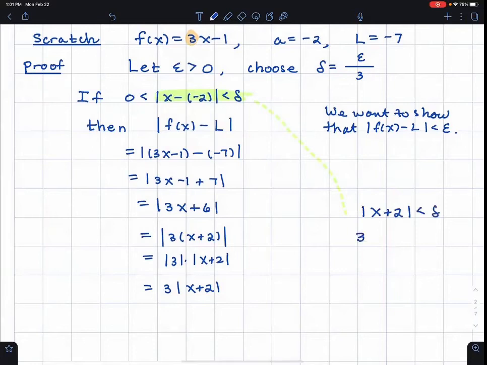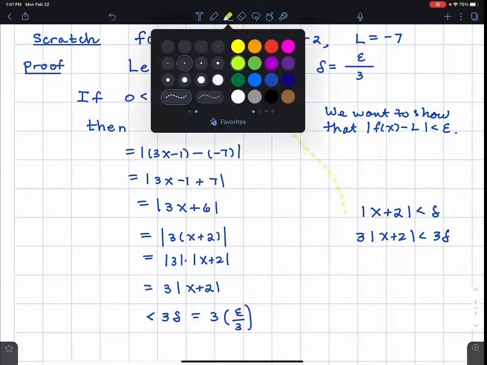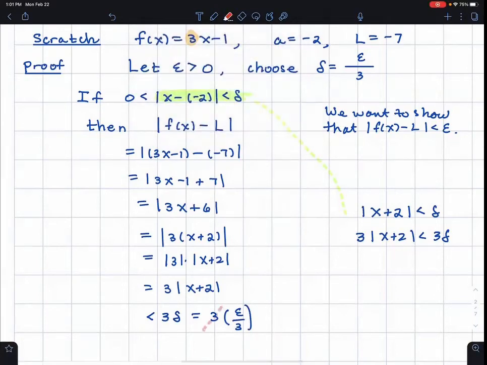Then I just multiply both sides by 3, and I get 3 times the absolute value of x plus 2 is less than 3 delta. So here I write less than 3 delta. Okay, getting somewhere. But I have to choose what delta is. I don't choose epsilon, but I choose delta. And I'm going to choose that delta is epsilon over 3, exactly for the reason that the 3's cancel out here.